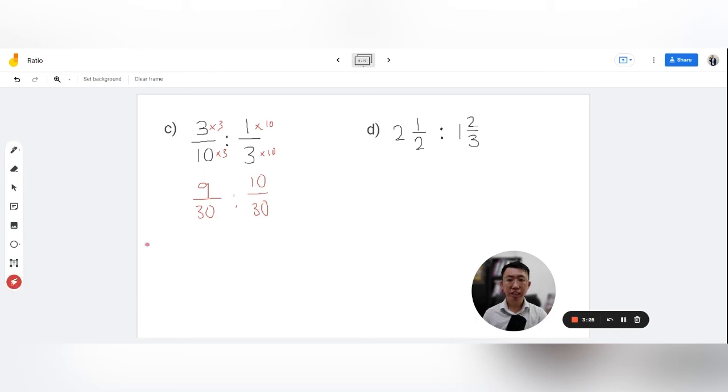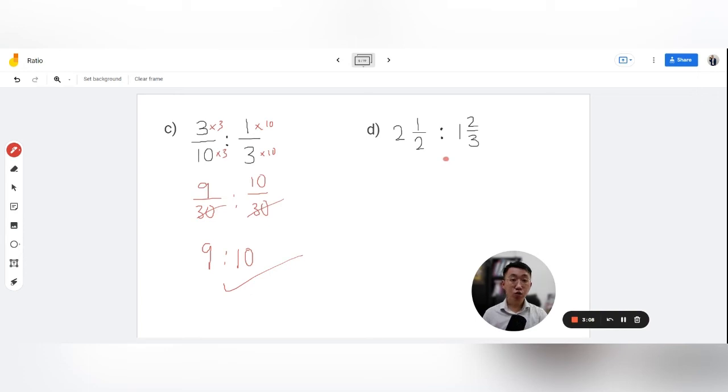Okay, now the denominator is the same already, then you times 30 both sides. Actually it will eliminate the bottom denominator to get 9 ratio to 10. Then check whether you can simplify. Now in this case 9 ratio to 10 cannot simplify, and that will be the final answer.